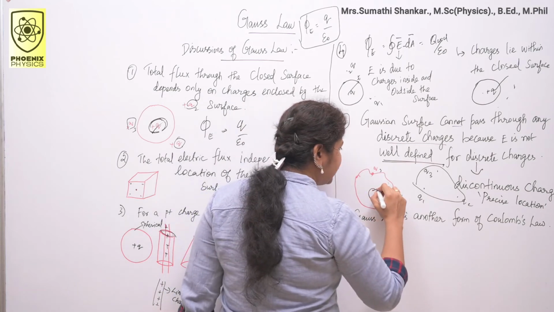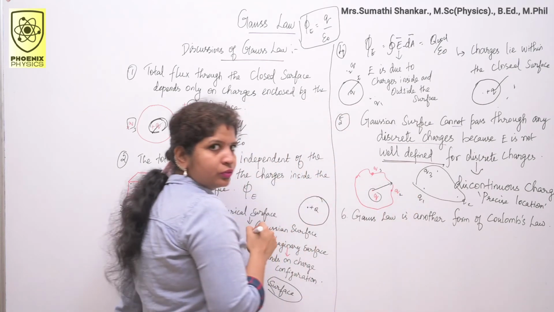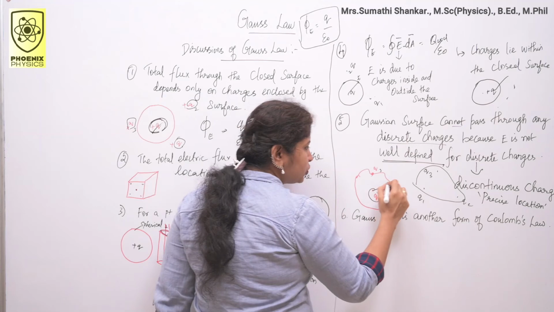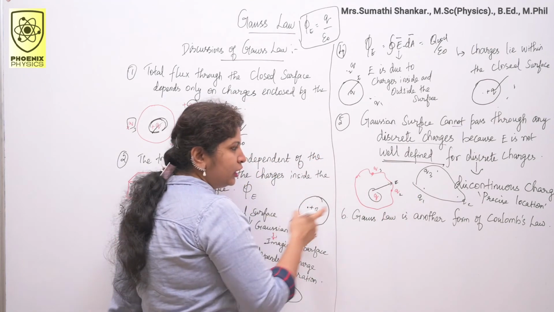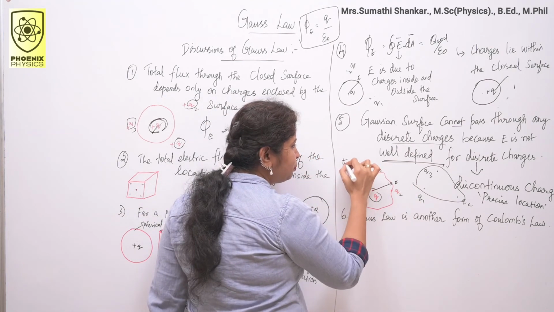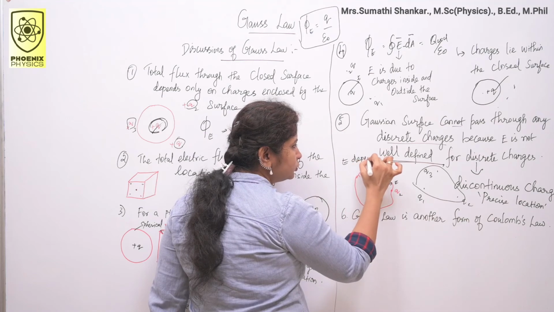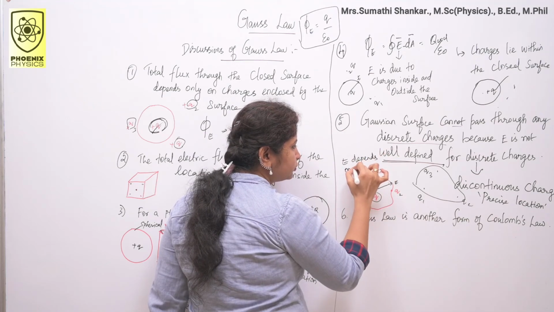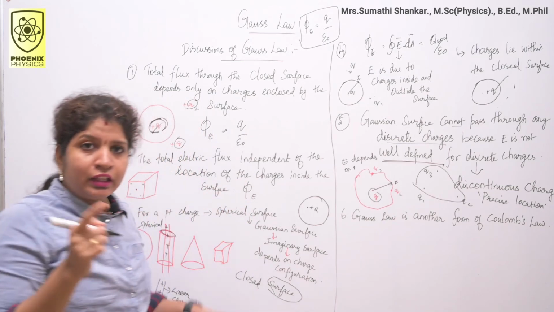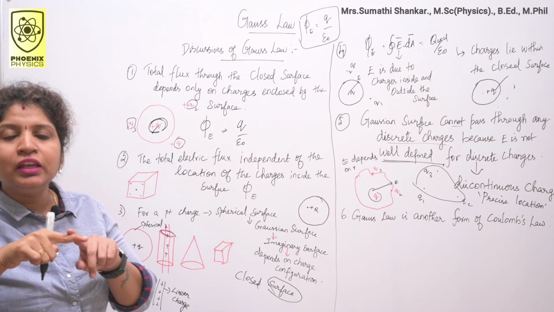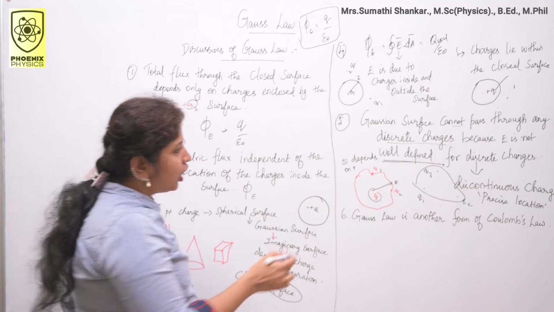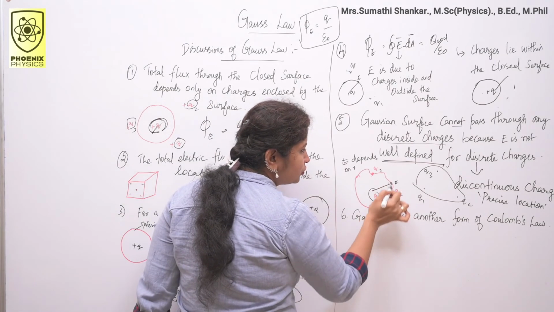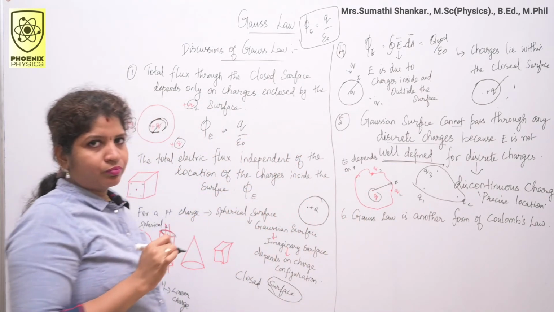Just in the radially outward direction, like this. This is my E direction. You know that E depends on the R value, right? And you know that the magnitude of E is constant on the surface of the sphere.